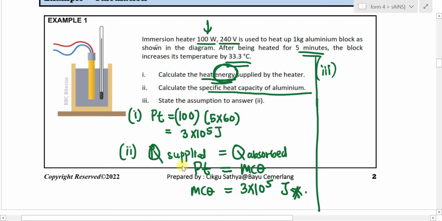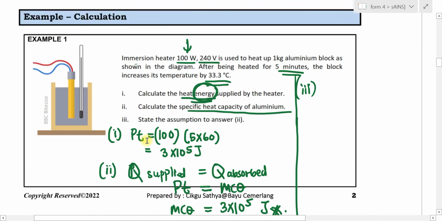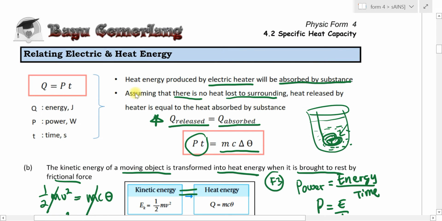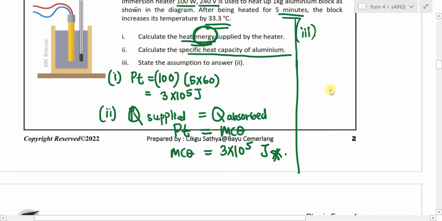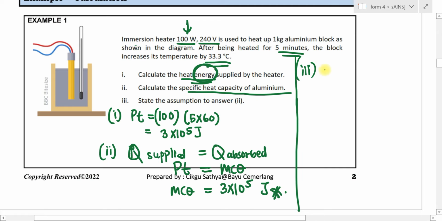Kalau lost to the surrounding, apa yang dia supply tak sama dengan apa yang dia absorb, betul tak? Betul. Jadi there. Assuming there is no heat loss to the surrounding. Okay? So assumption dia, there is no heat loss to surrounding. Okay? Right.